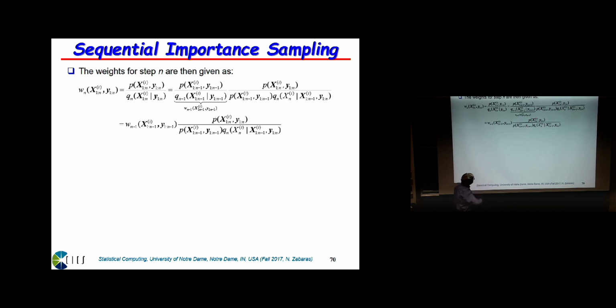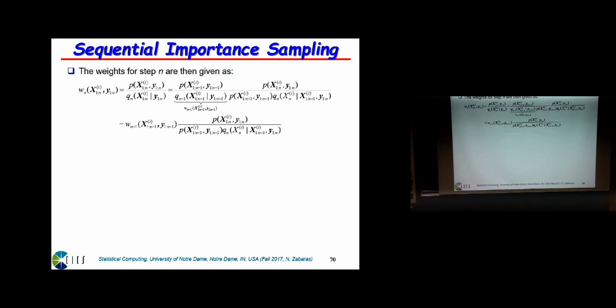Now, if you look at this expression, I'm going to leave you there. It looks a little bit concerning because you notice the Qn seems to depend in general on all the previous samples. I already did a thing on the previous slide, but we need to be sure that this increment only depends on xn minus 1, not on all the x's.